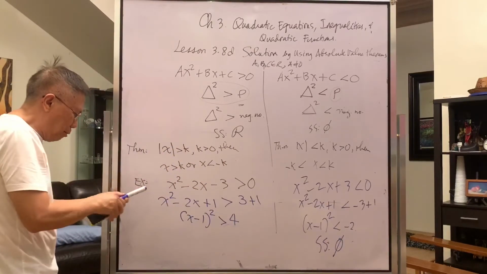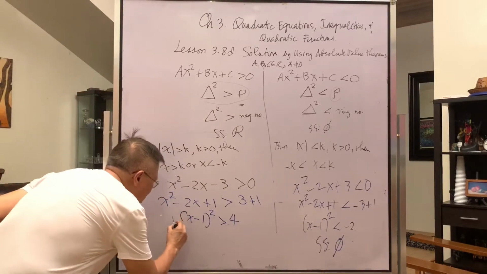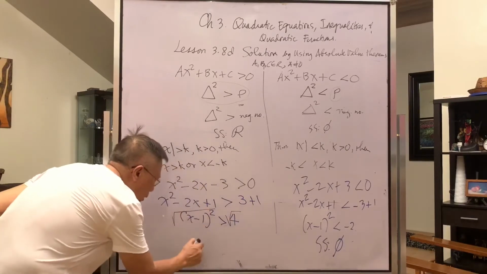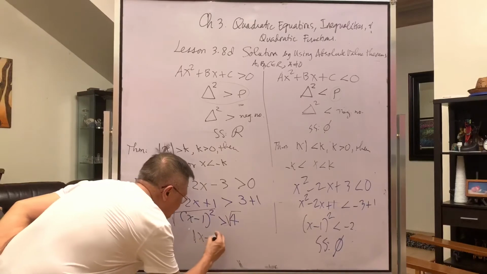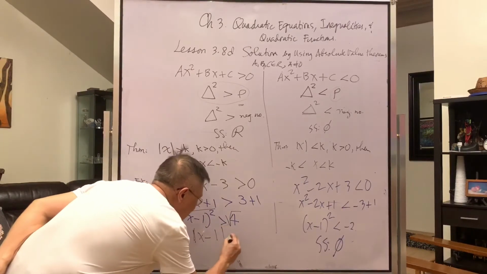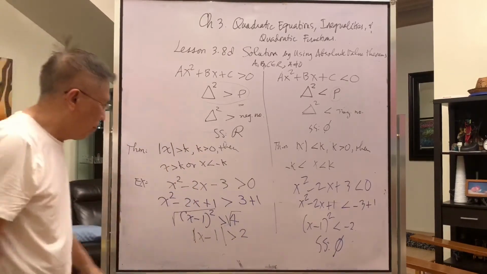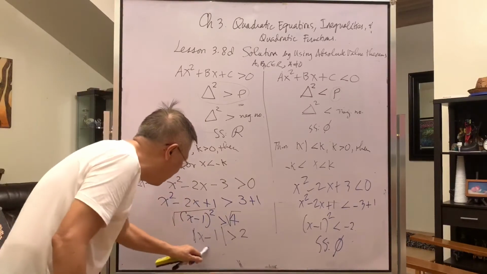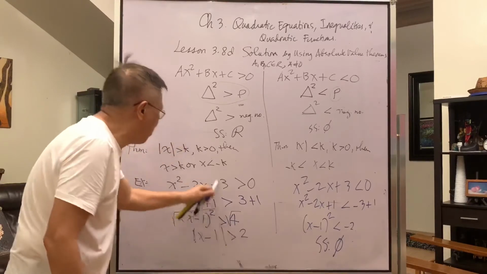We will just have to introduce the square root symbol here, so that this one now can be written as absolute value. Absolute value of x minus 1 is greater than 2.